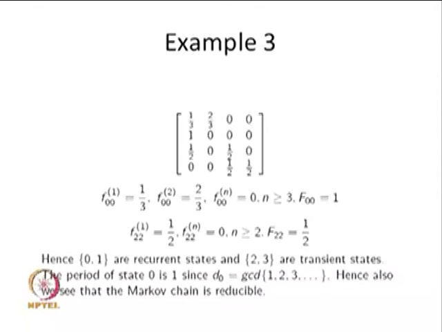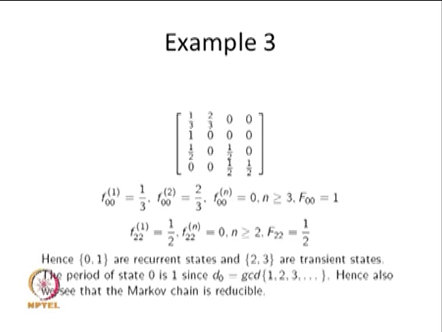State 2 has a self loop with some probability, and going from the state 2 to 0 has the remaining probability. Therefore, this row is also taken care of. Now, I am moving to the state 3. State 3 has a self loop with some probability, and moving from the state 3 to 2 has the remaining probability.